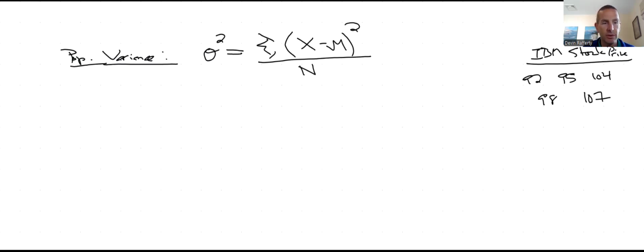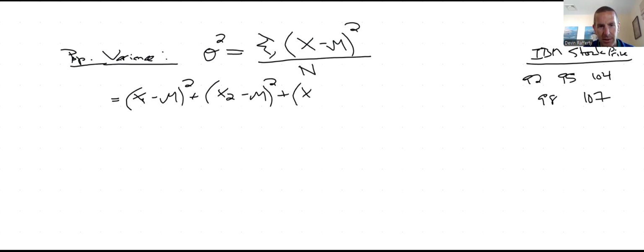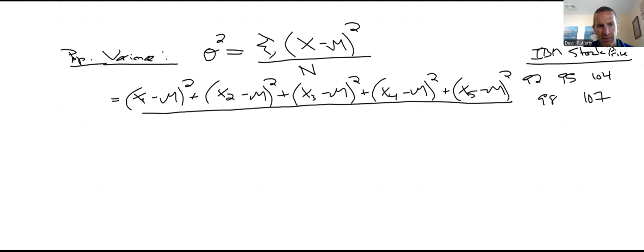Okay, here's how we do this. What this formula is saying is x1 minus mu squared, plus x2 minus mu squared, plus x3 minus mu squared, plus x4 minus mu squared, plus x5 minus mu squared, divided by 5.